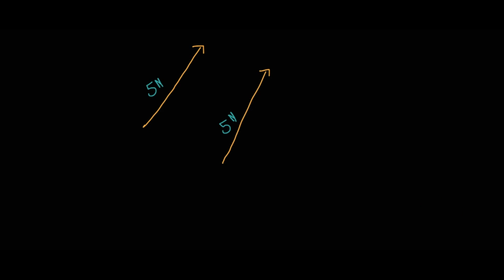These vectors are equal if they are in the same direction, and secondly if they are equal in magnitude, meaning their size is equal, like this one is 5 Newton and this one is 5 Newton, and they must be parallel to each other. But if you have this one of 5 and the other one in the opposite direction, then they are not equal. So for them to be equal they must have the same size, be in the same direction, and be parallel to each other.